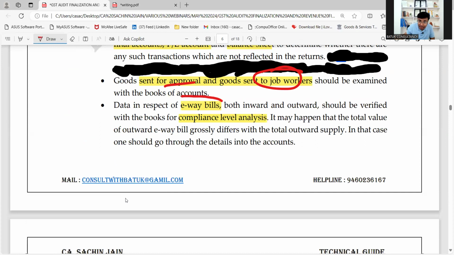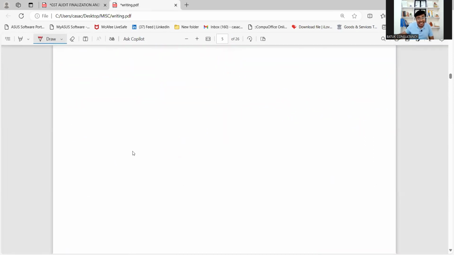This is also an important thing, that is e-way bill. You also need to compare the sales data and the e-way bill data.